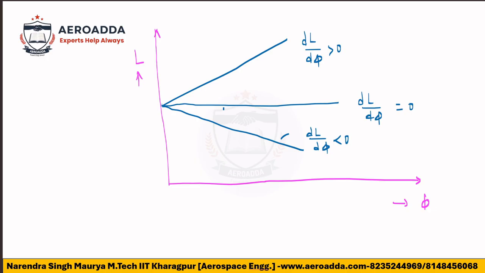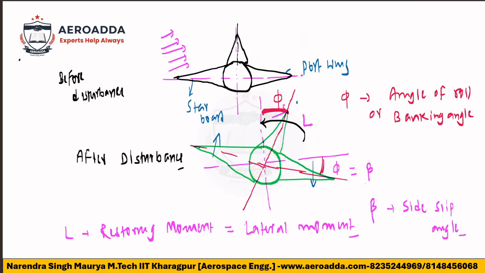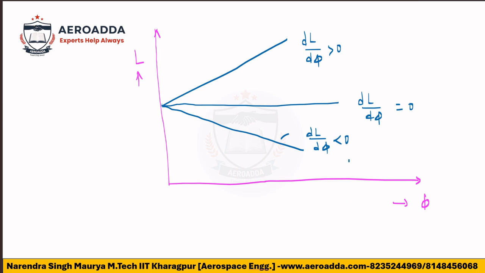Correct? If you check the gradient, the change of lateral moment with respect to phi, it is just opposite. So the overall idea is, if dL by d phi is less than 0, then it will be a stable condition, so the aircraft is laterally stable. This is laterally neutral, and this is unstable.